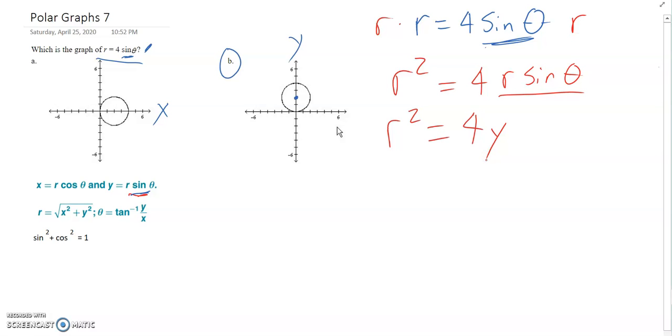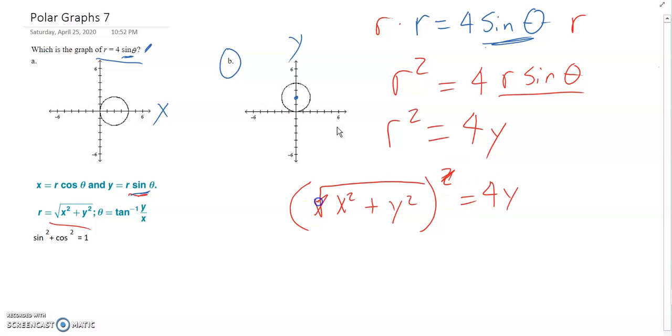And from here, I have r squared that I can replace with x squared plus y squared. Square and square root cancel out.